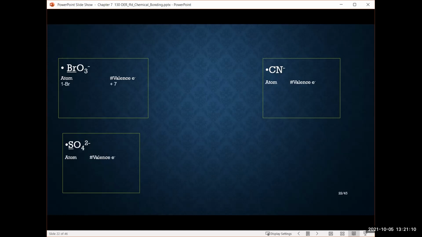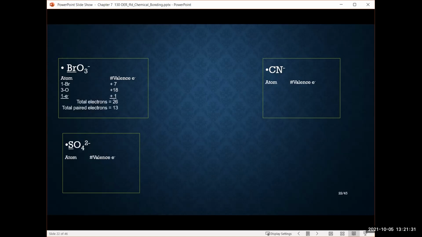Okay, so the bromine being in group 7 brings in 7 valence electrons. There's 3 oxygens, each one bringing 6, so we have a total of 18 from the oxygens. Now we add a 1 because we have a negative charge on that ion.